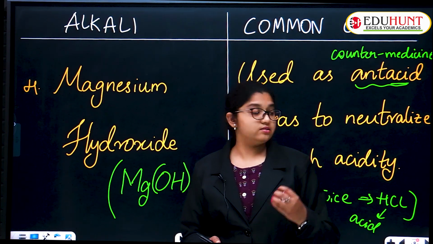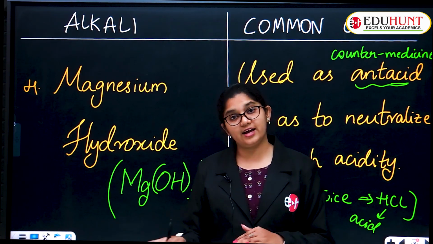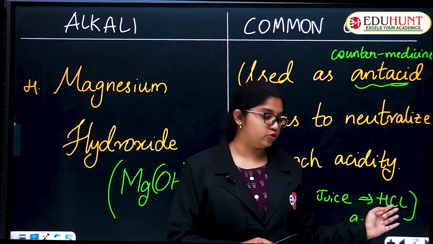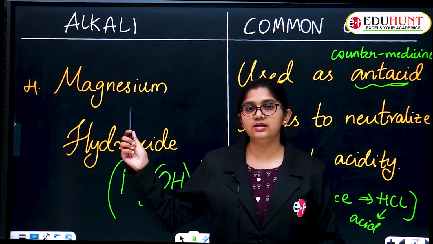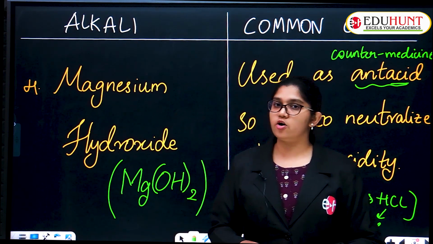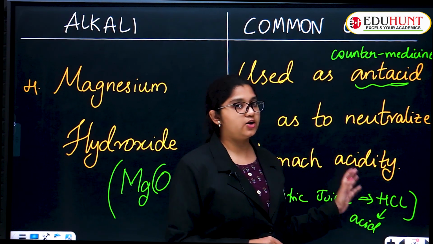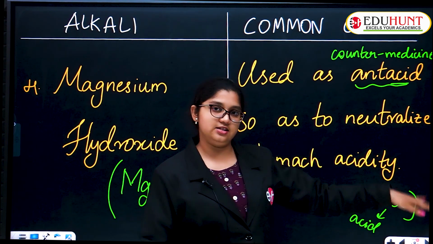So if we don't take in a proper amount of food at the required timings, we feel acidic problems, and for that we have to neutralize with a base, and one such base is magnesium hydroxide, formula MgOH twice. This is used to control acidity problems, so that's the reason it is used as an antacid.